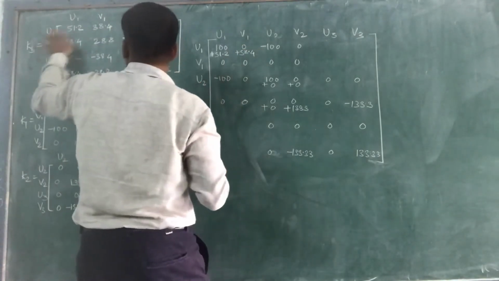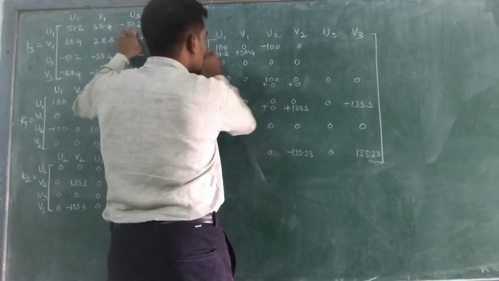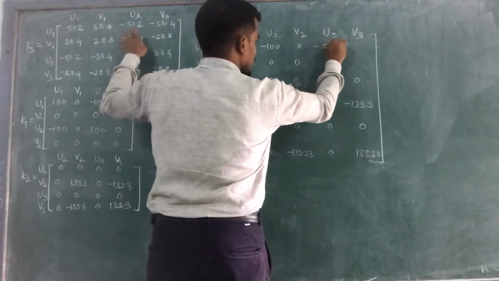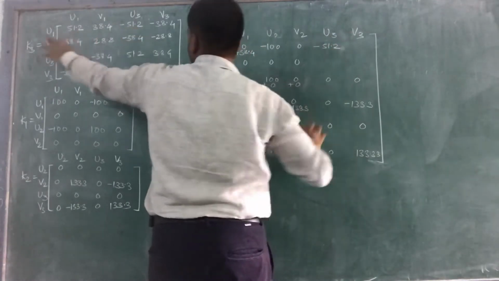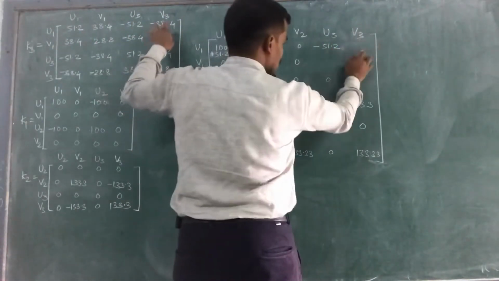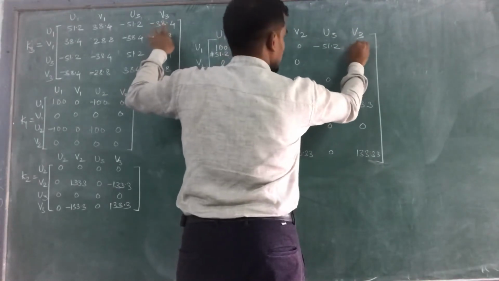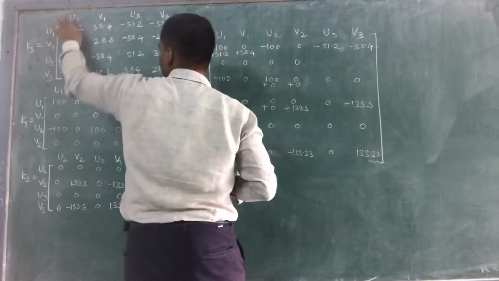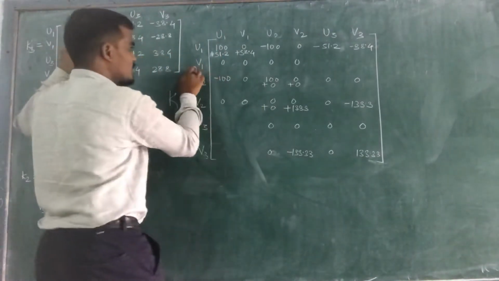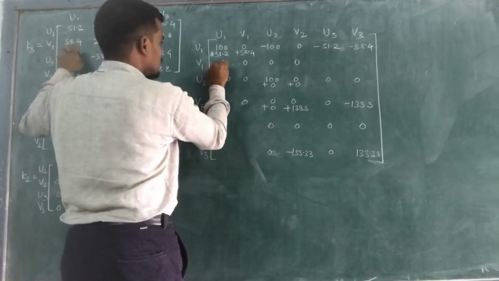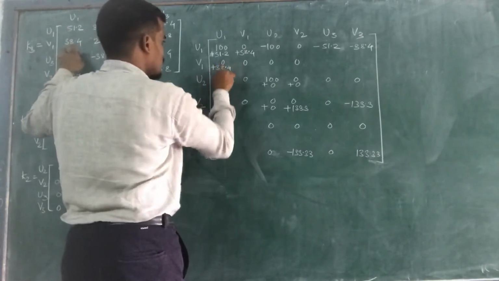Then U1 row, U3 column: the value is minus 51.2. Then U1 row, V3 column: minus 38.4. Then next, V1 row, U1 column: 38.4 plus 38.4.